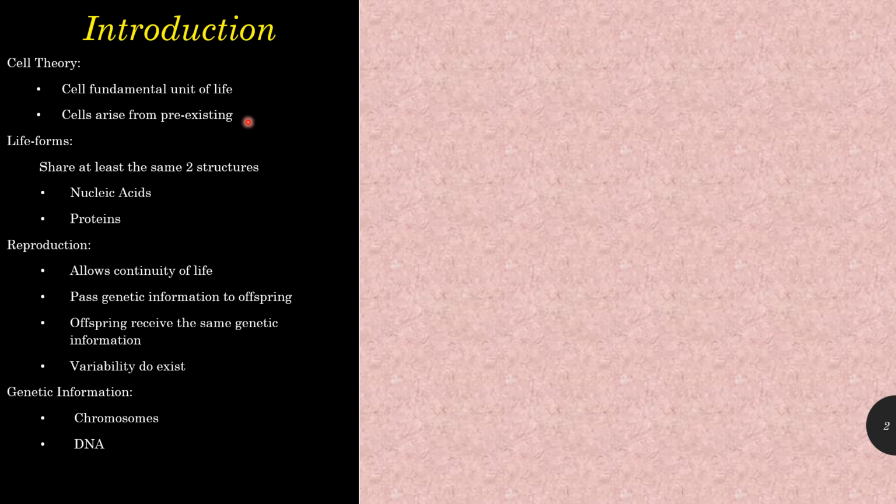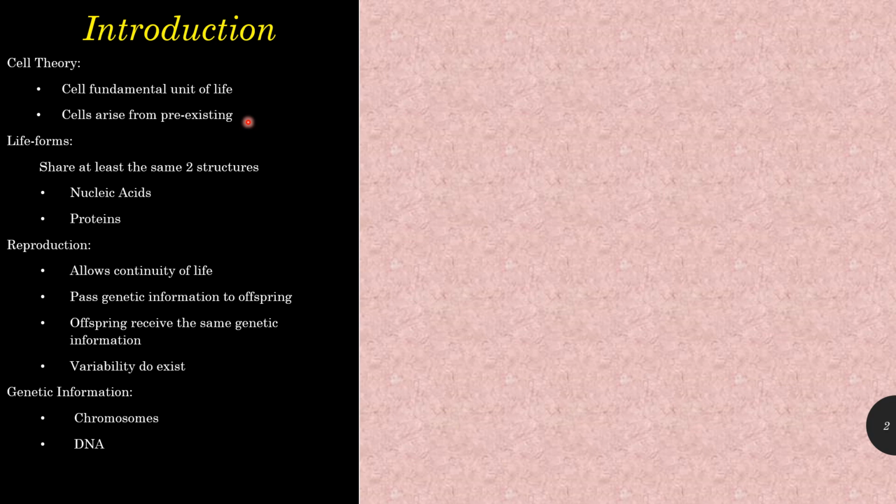Continuity of life forms on Earth is based on an organism's success in passing genes on to the next generation. All life forms share at least the same two structures, that is nucleic acid and proteins. All organisms have reliable means of passing genetic information to offsprings through reproduction.